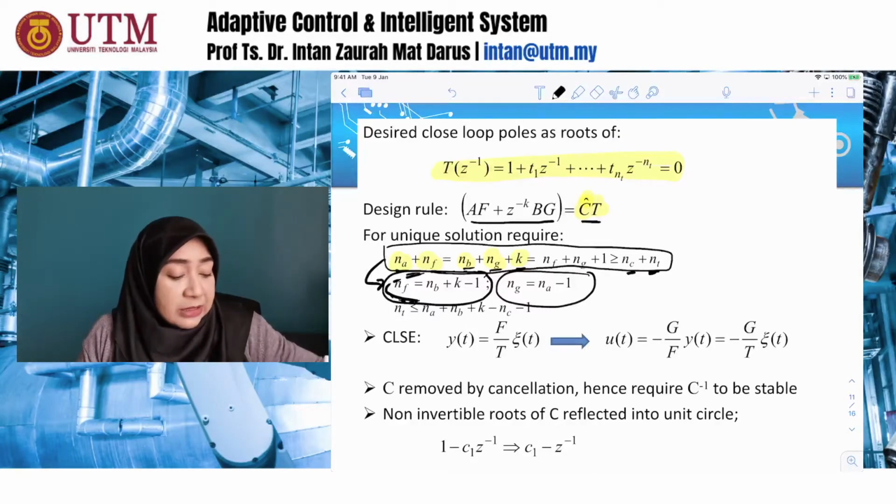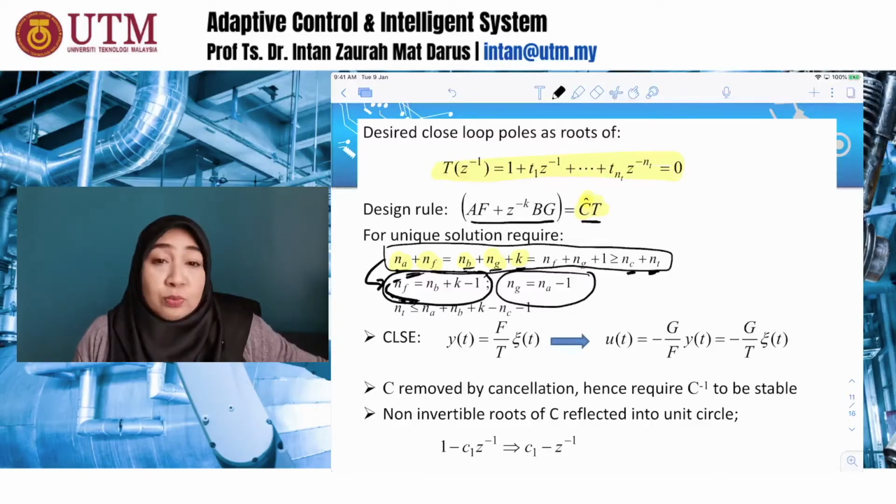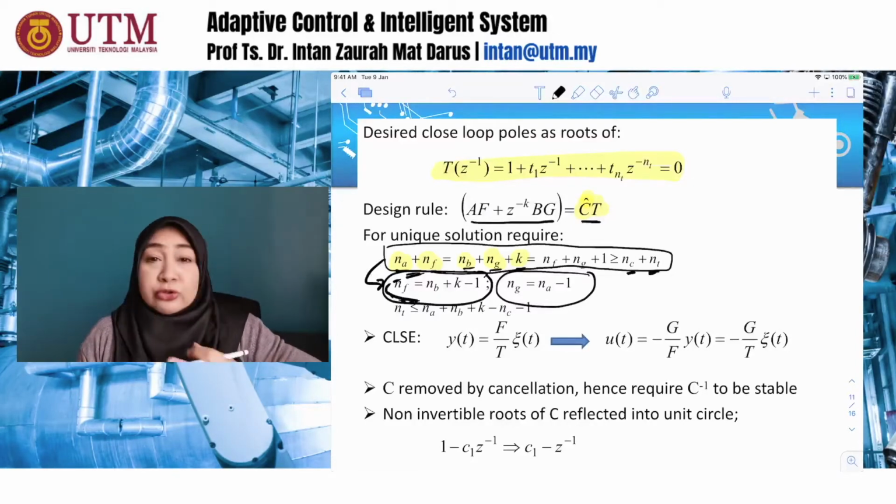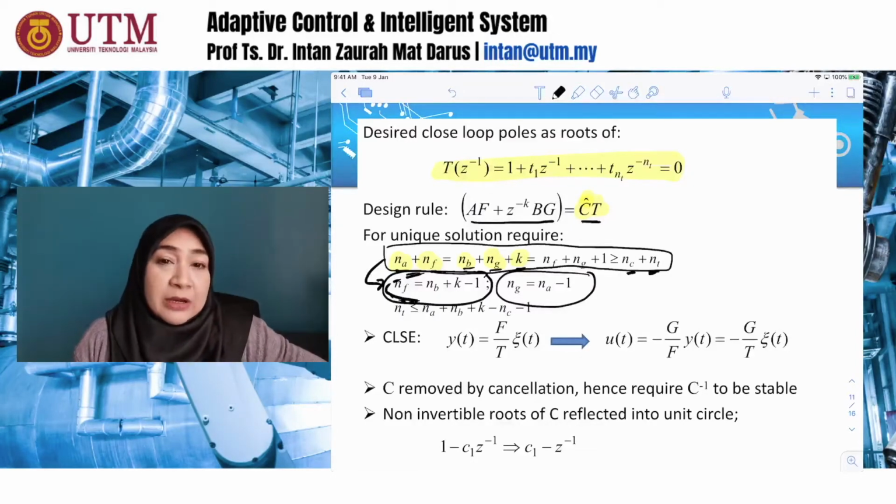This is derived from the first equation. You must follow this, because we do not know the model order for your controller F and controller G. That model order must be decided based on the model order of your system. Otherwise, you're not going to get a unique solution. I'll show you later in an example how to do this.